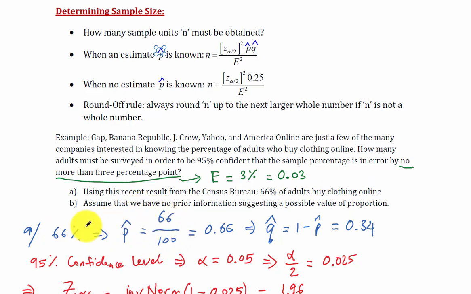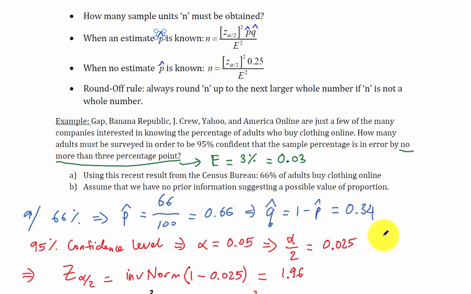P-hat is 66% or 0.66, and of course we can find q-hat, which is the complement, 1 minus p-hat, or 0.34. And so we can apply the first formula because we know the value of p-hat.